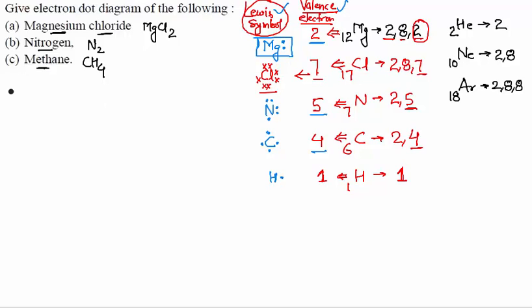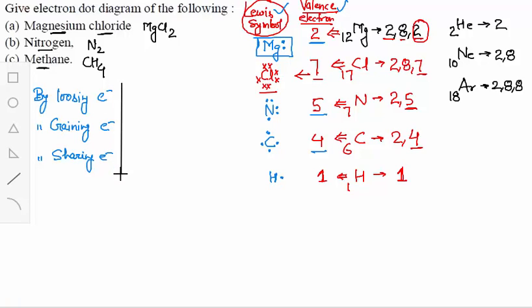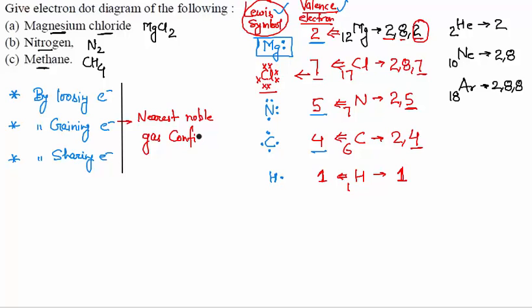One more thing: every element wants to achieve its nearest noble gas configuration, either by losing electrons, or by gaining electrons, or by sharing electrons, to achieve the nearest noble gas configuration.